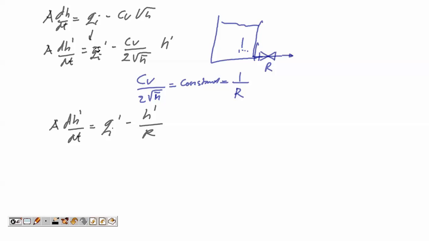Okay, I just want to highlight here that the original equation has dH over dt without the prime, but after linearization we have dH over dt with the prime symbol, meaning H prime is H minus H bar, the deviation variable.